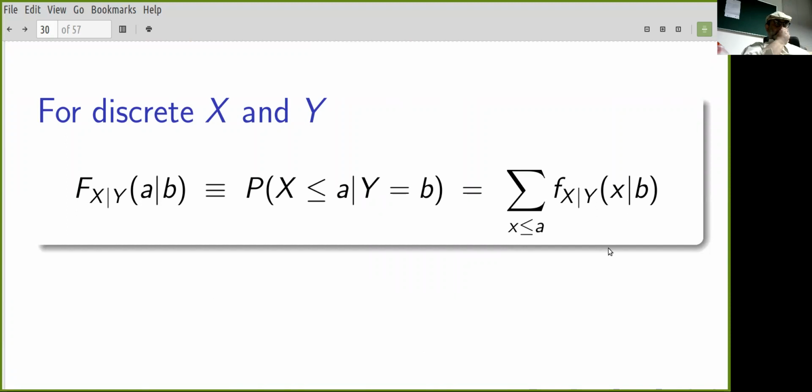The cumulative conditional PMF for discrete x and y, for x given y, evaluated at a and b, is equal to the probability that x is less than or equal to a, given that y is equal to b. And you find it by summing over all the x's less than or equal to a the conditional PMF for x given y, evaluated at x with y equal to b.